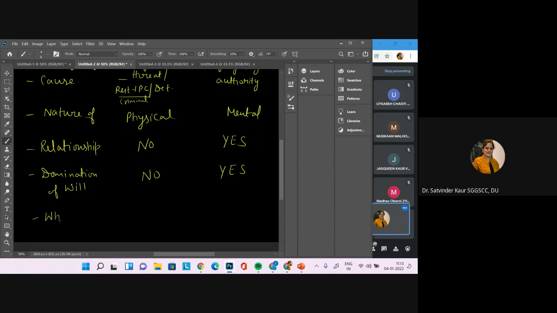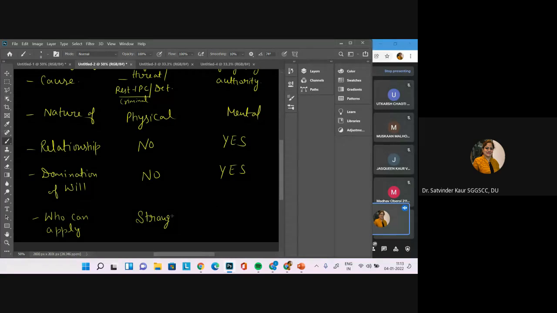Then, who can apply? In case of coercion, we have discussed a stranger can apply this, and in this particular case, the relationship is required, right?